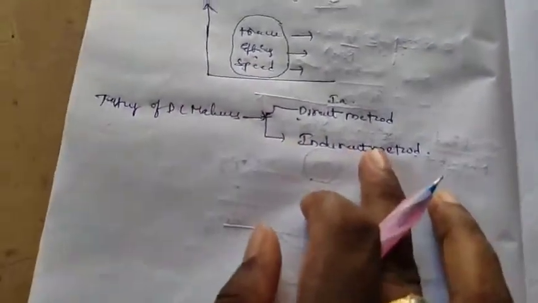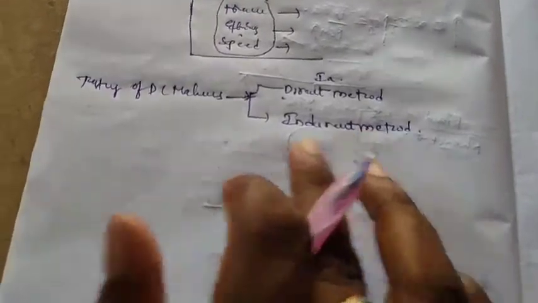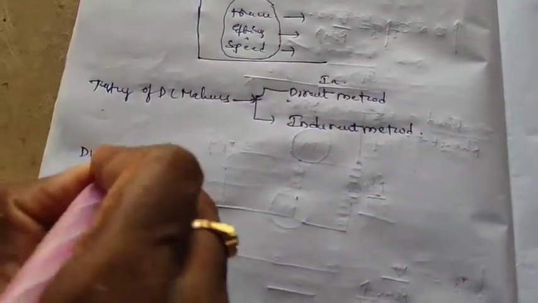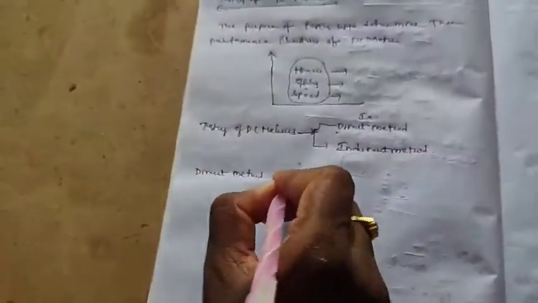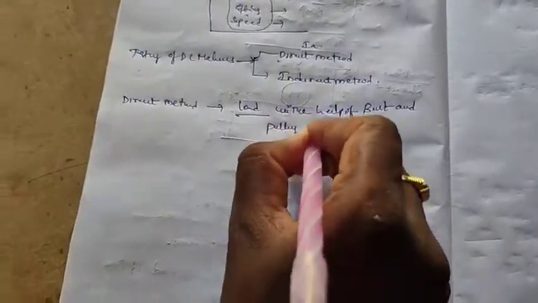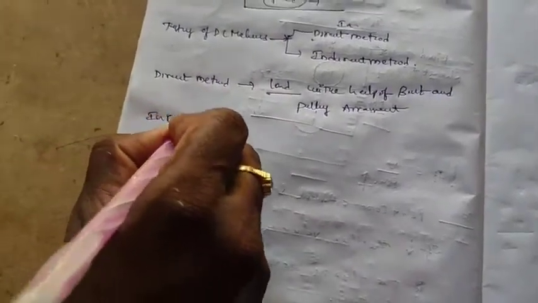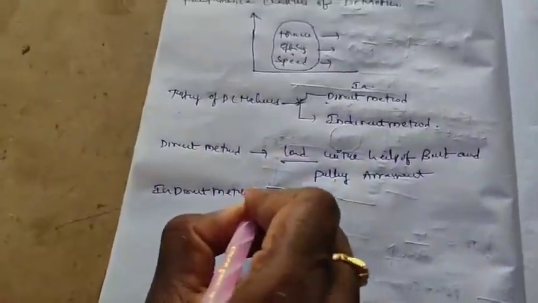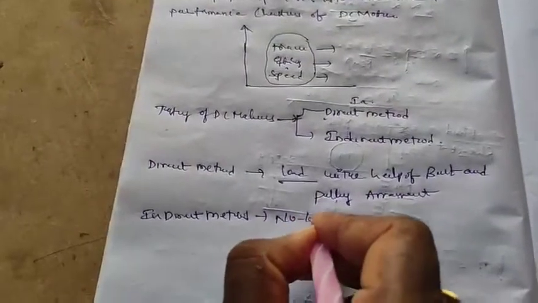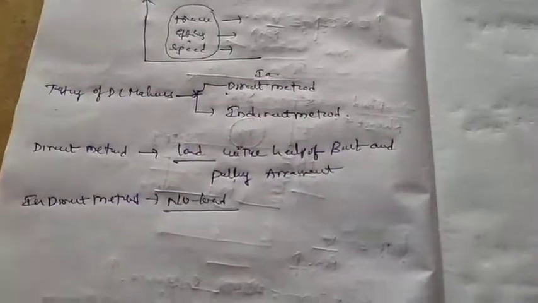In the indirect method, we cannot put any load. In the direct method, we can put load with the help of the belt and pulley arrangement. In the indirect method, there is no load. That means the motor is not connected to the load.